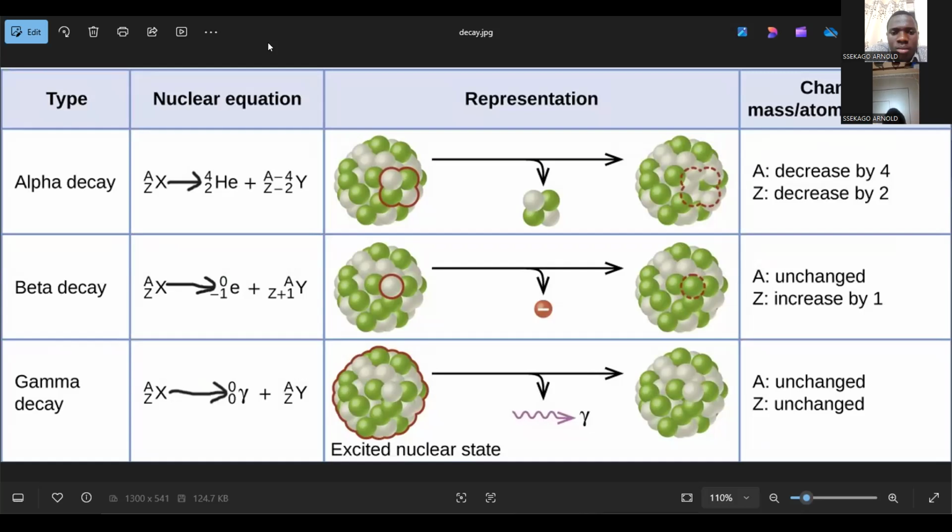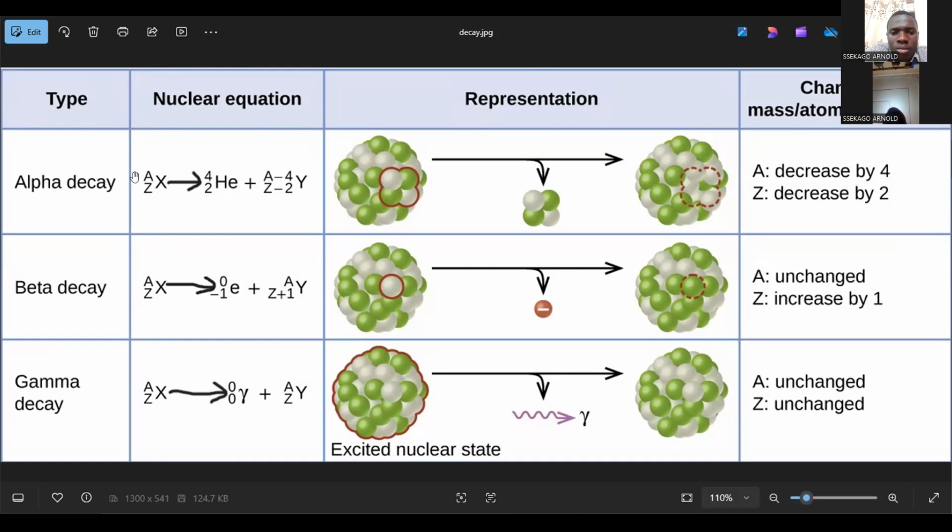You have type, nuclear equation, representation, change in mass or atomic numbers. So the first decay process is alpha decay. These are the things that we have covered. Alpha decay, given an element that has this form.